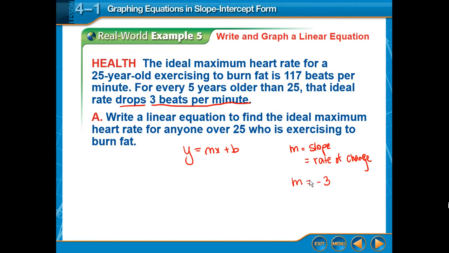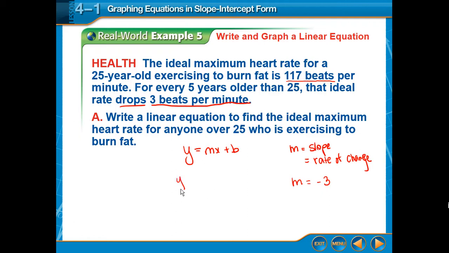So we found m, which means that we want to find the b. So b is like the intercept. That's the amount that it starts at before it starts. It's the original. So for us, we're going to call that 117.